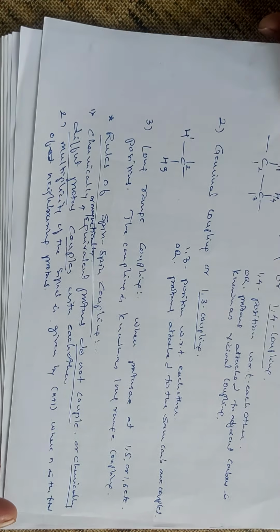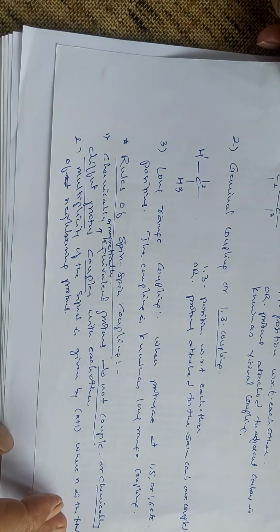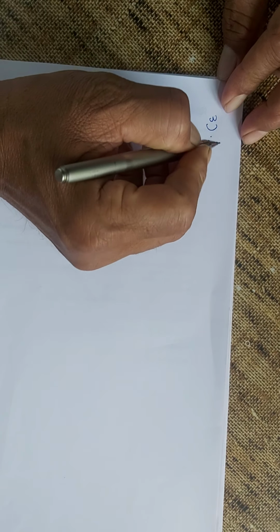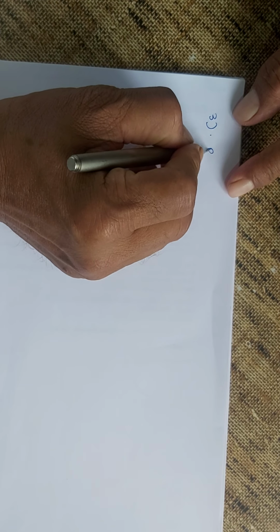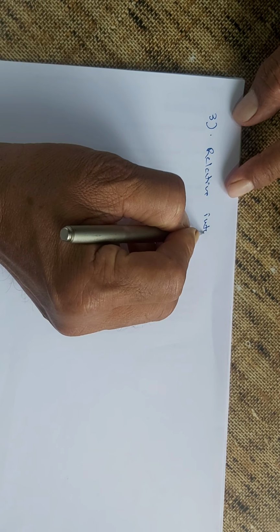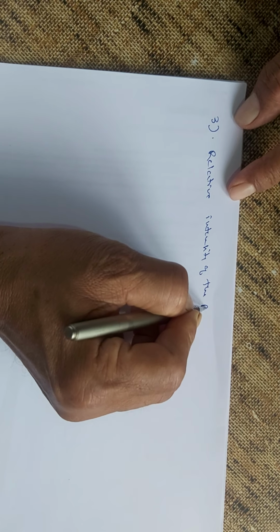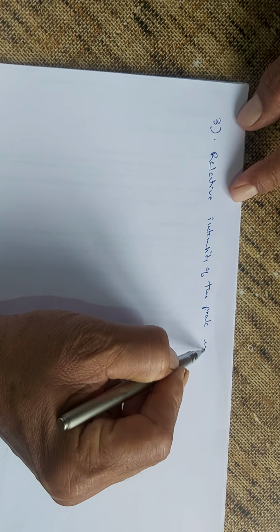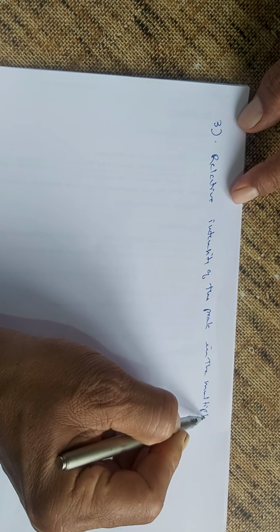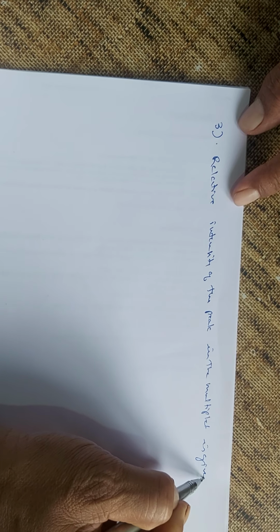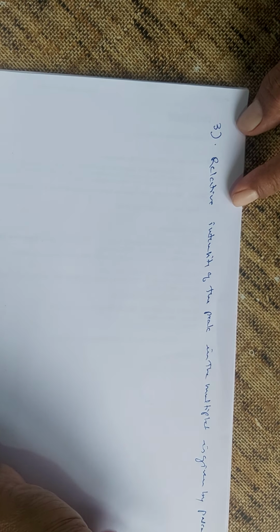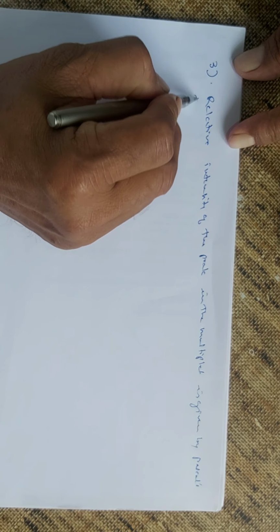Then comes the third rule, the relative intensity of the peaks or signals in the multiplet, which is given by Pascal's triangle.